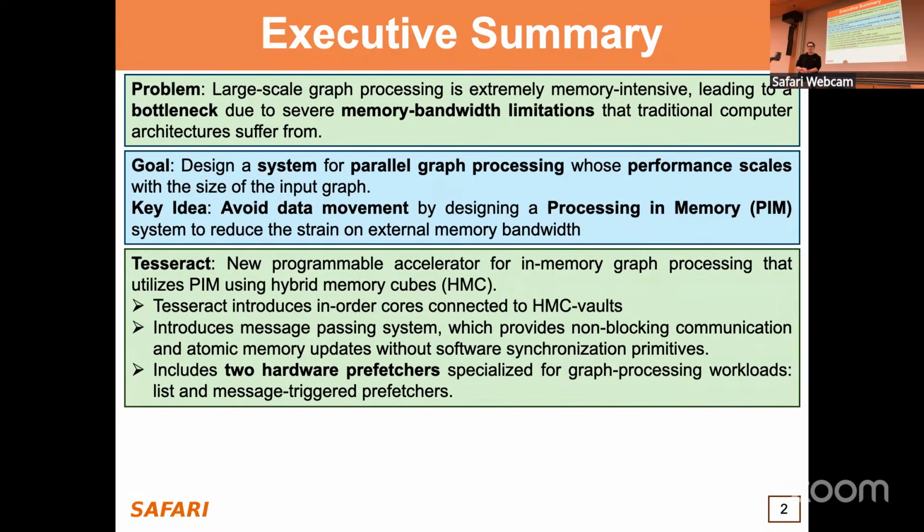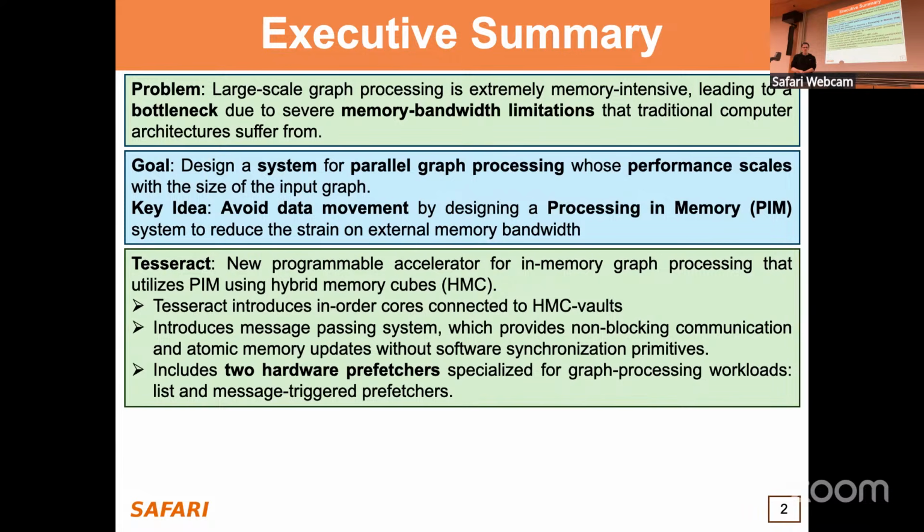For this, the paper presents Tesseract, which is a new programmable accelerator for in-memory graph processing that utilizes PIM using the hybrid memory cube technology. Tesseract itself introduces in-order cores, which are connected to the HMC vaults. It introduces a new message passing system, which provides non-blocking communication and atomic memory updates without the need of software synchronization primitives.